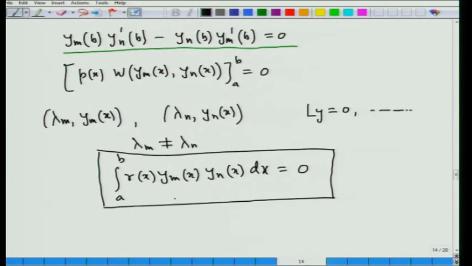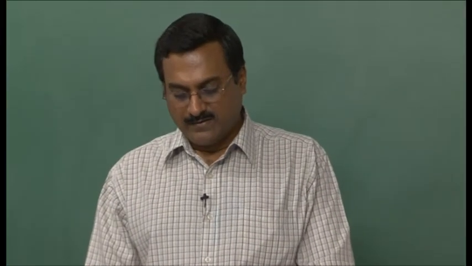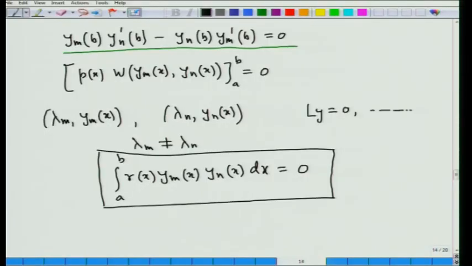In the next lecture, we will be proving that under certain conditions satisfied by r(x), that means if r(x) maintains the same sign throughout the interval a to b, then all the eigenvalues are real.